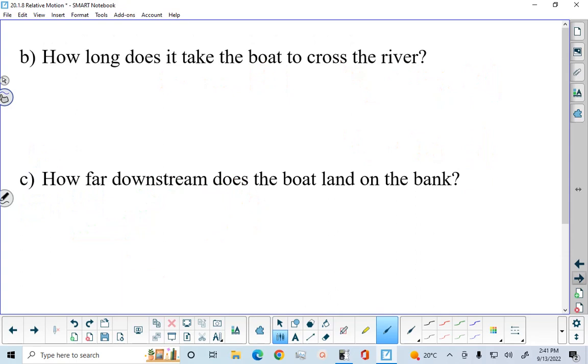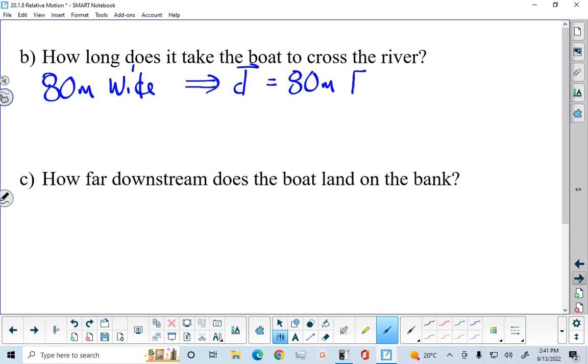Take a look at B. How long does it take the boat to cross the river? Okay, wait. Crossing the river is 80 meters wide. But again, we've said that that translates to a displacement for the boat of 80 meters east.